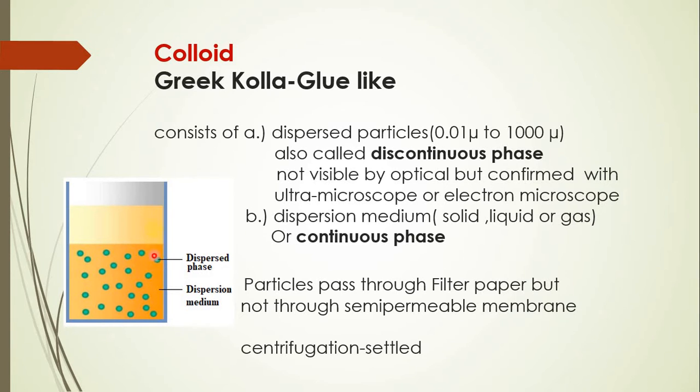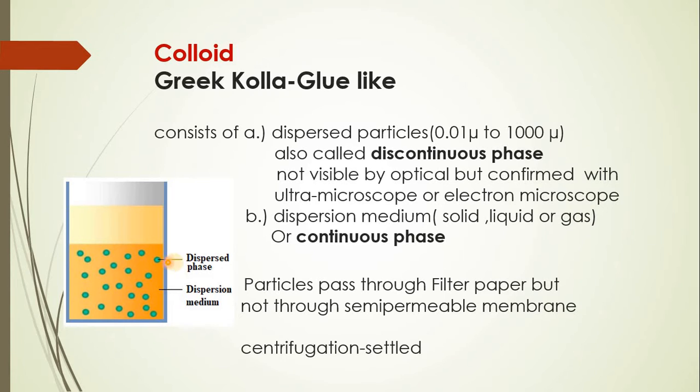Here you can see the dispersion medium shown by orange. The dark orange shows the colloidal state. The liquid state is shown with light orange color. And the green balls within this orange marking define the dispersed phase of the colloid.